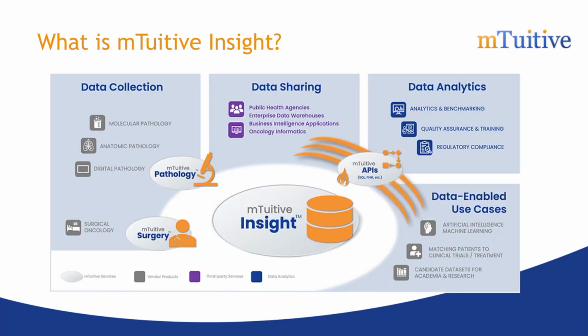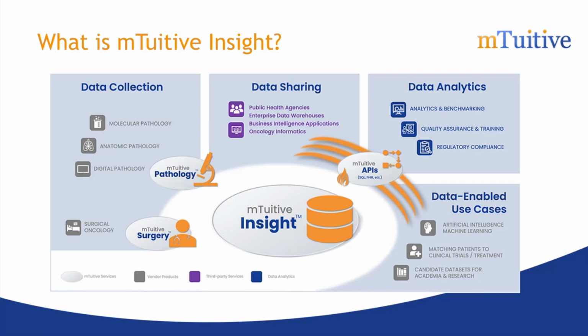So that last slide was basically an attempt to simplify the graphic that you're looking at here. And as you can see here on the left-hand side of the screen, you've got your data collection processes using mTuitive pathology, using mTuitive surgery. We may also be pulling in data through interfaces and APIs for molecular testing or NGS testing.